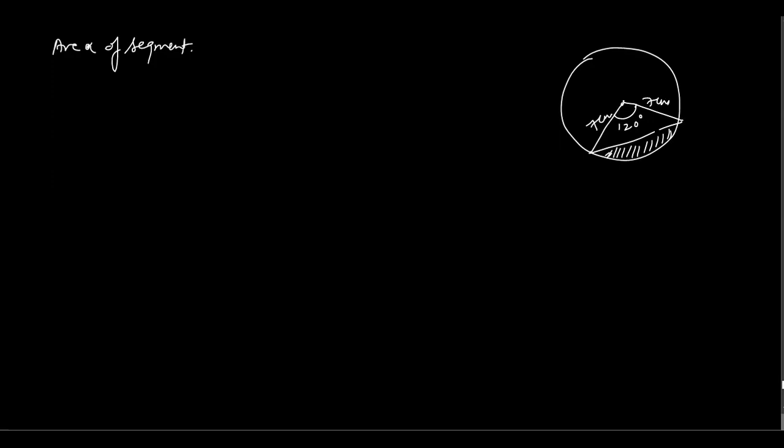So you can use the direct formula for this one. If I'm writing the direct formula here, you can use this one. The area of the segment is equal to half into r square into bracket pi theta upon 180 minus sine theta.